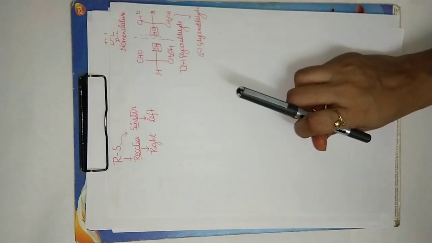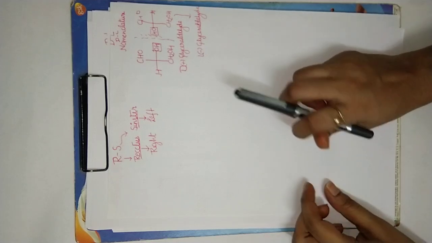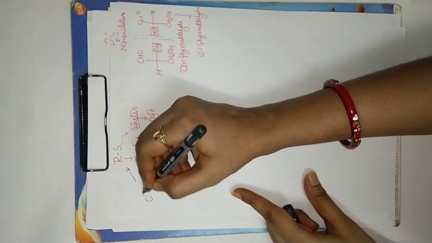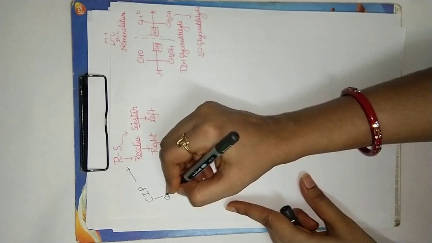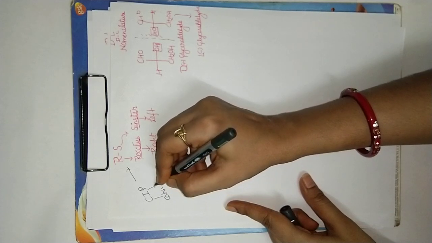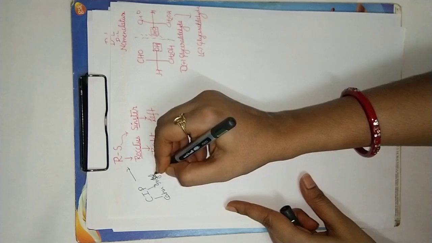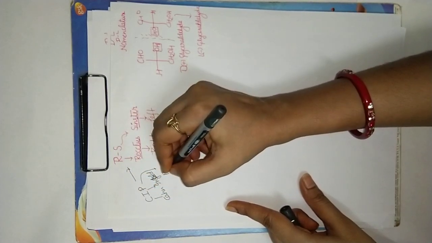The limitations of the DL system, however, have been removed by an unambiguous system developed, the RS nomenclature, and this RS nomenclature is given by CIP. What is the CIP? C for Cahn, I for Ingold, and P for Prelog.